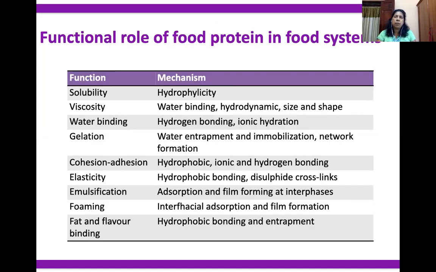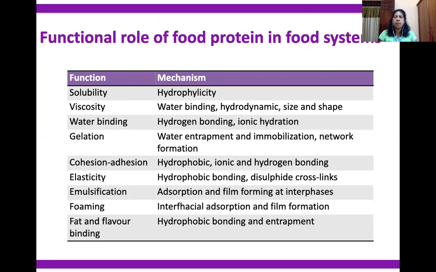Therefore, let's see now from these points. When we talk about protein, what are the functional roles of food proteins? That is really important. Functional roles can be changed if amino acids are changed. If the proteins are changed, then the functional roles will be changed.